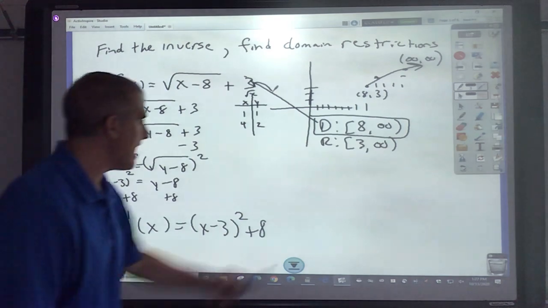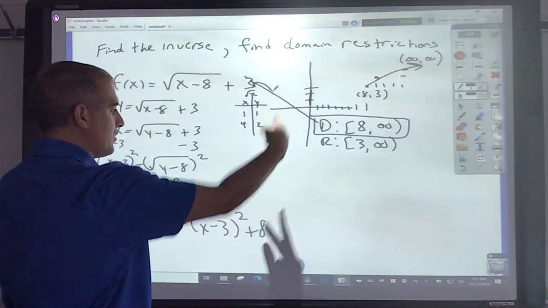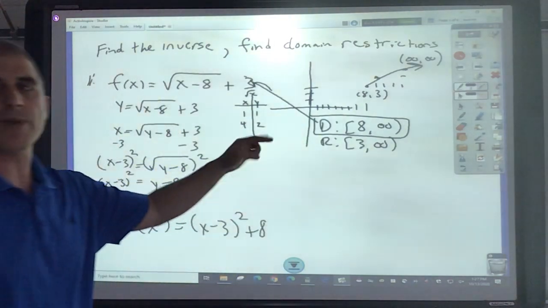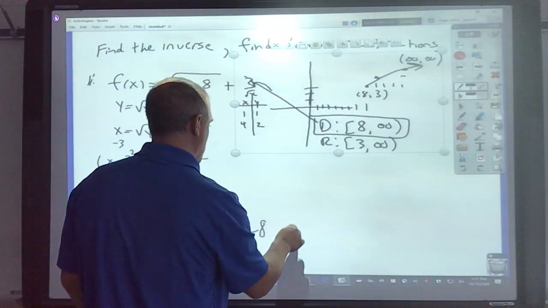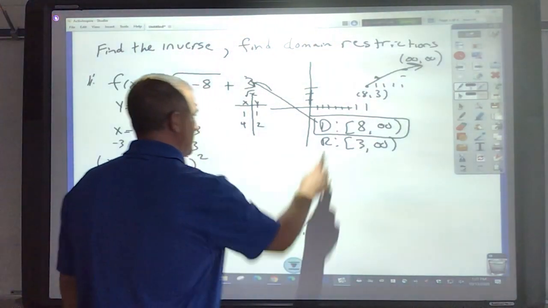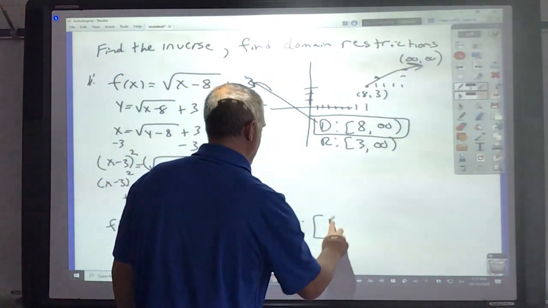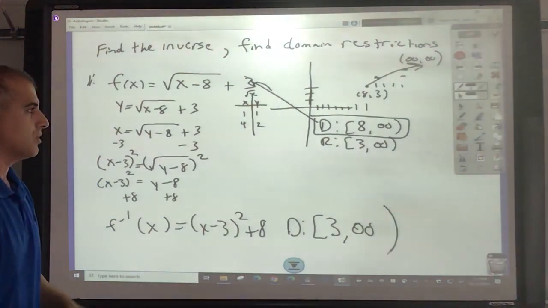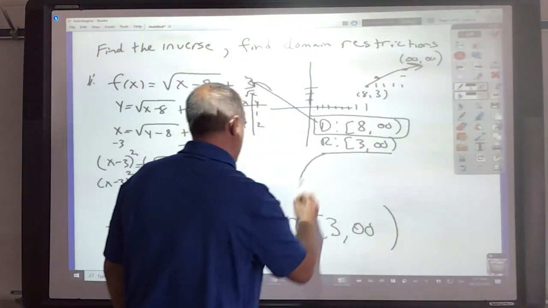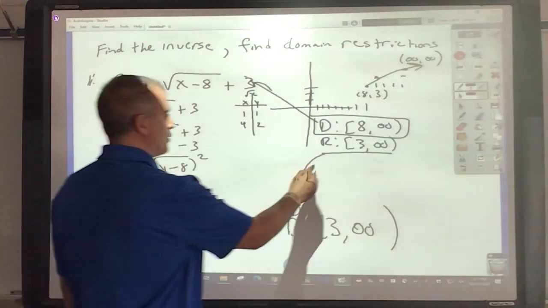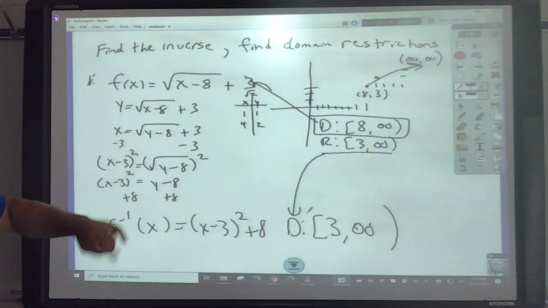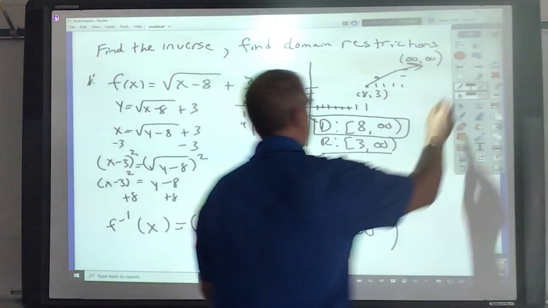When you find the inverse, the domain becomes the range and the range becomes the domain. So the domain restriction now is not 8 infinity, it would be 3 infinity. Whatever is your range now becomes your domain for the inverse. So it switches. That's how you figure that out.